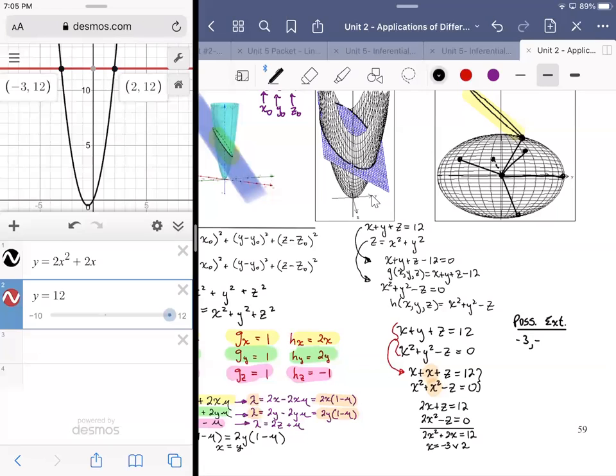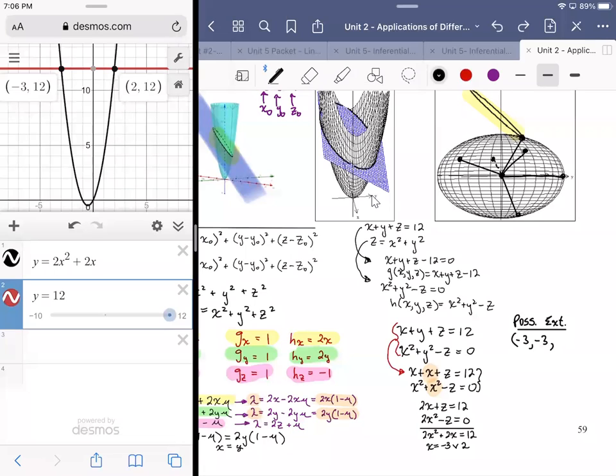-3, -3. And I could even put the assumed comma in there. Now this is going to be a 4-variable situation here, so it's really just a question of how far you want to go in your notation. So -3, -3, knowing that x plus y plus z is going to be equal to 12.